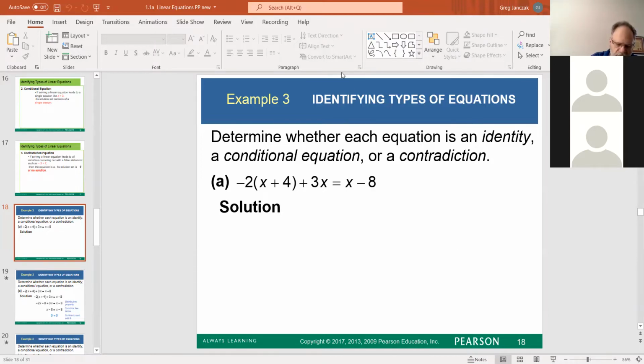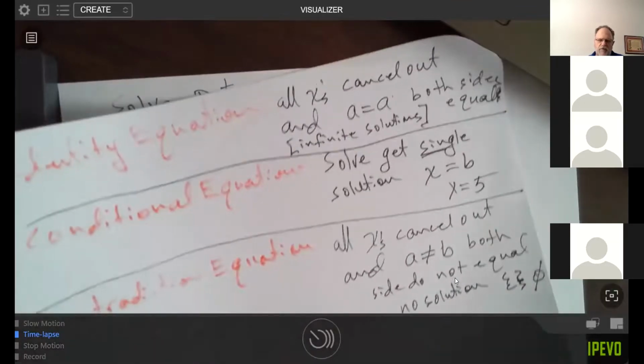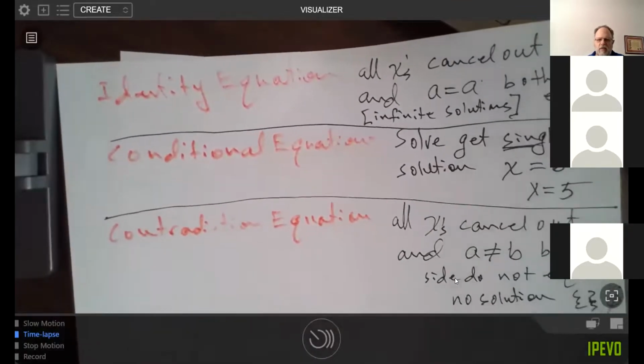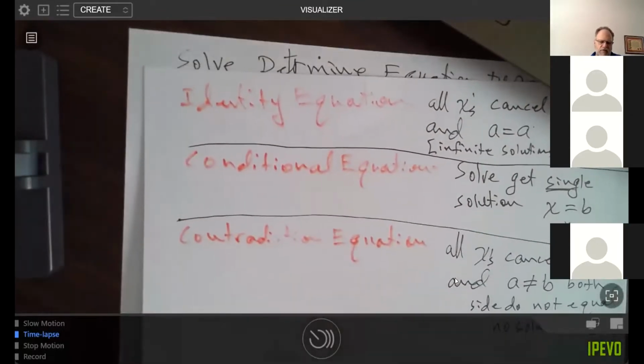We've got -2(x + 4) + 3x = 2x - 8. Basically, we want to take this equation and determine which of these three types it is. Is it an identity, a condition, or a contradiction?